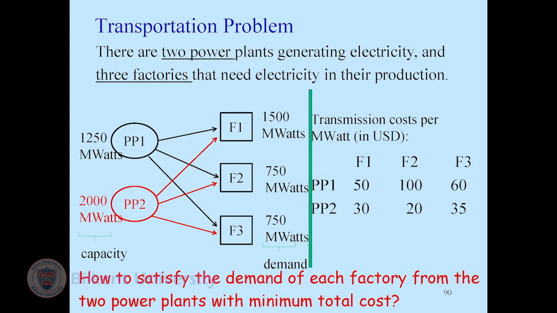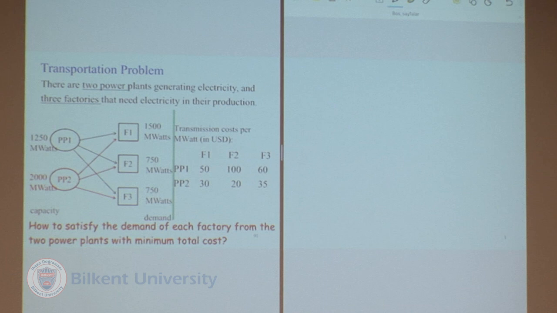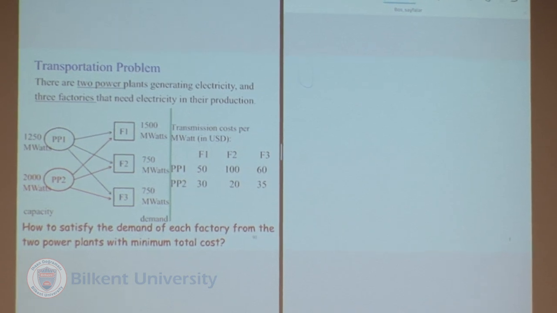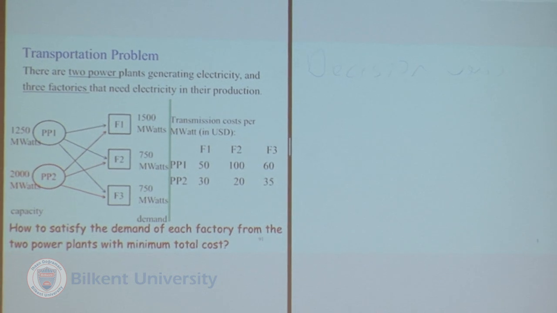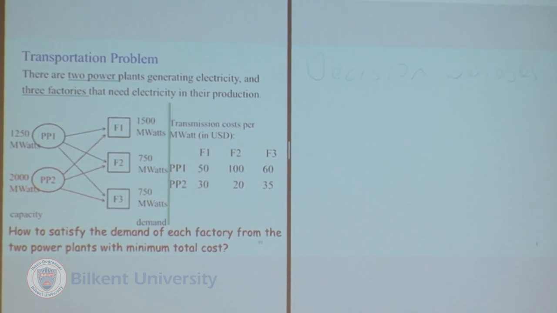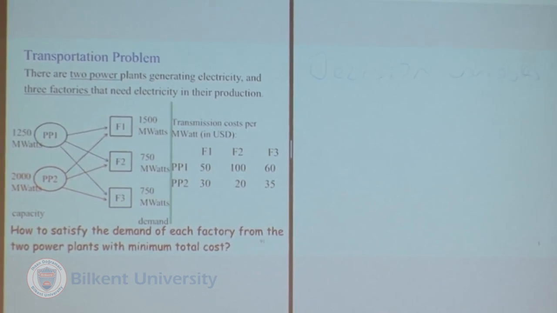All right. Tell me the decision variables. What do you think an appropriate decision variable is? Decision variables. Any idea?